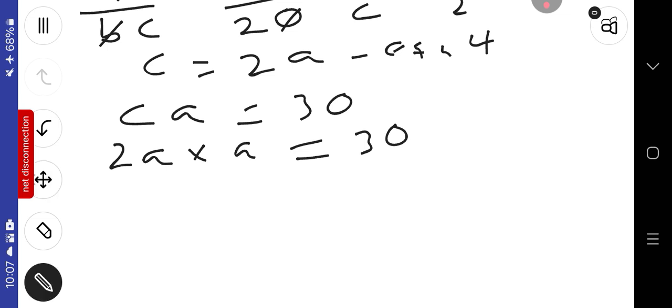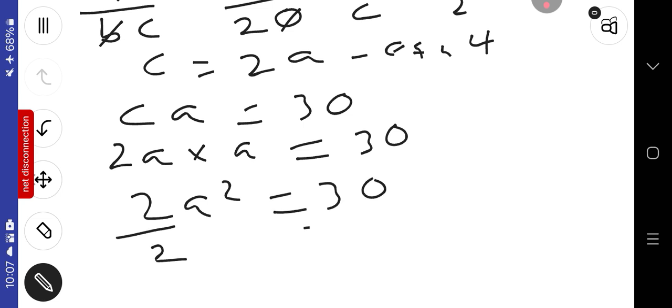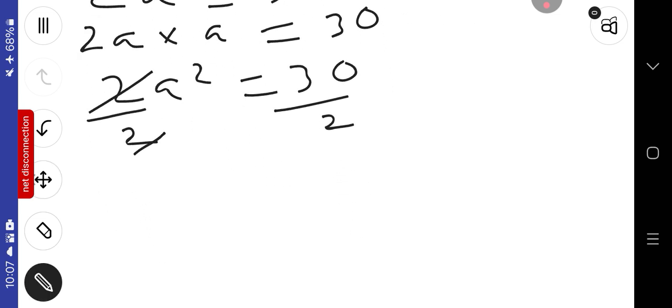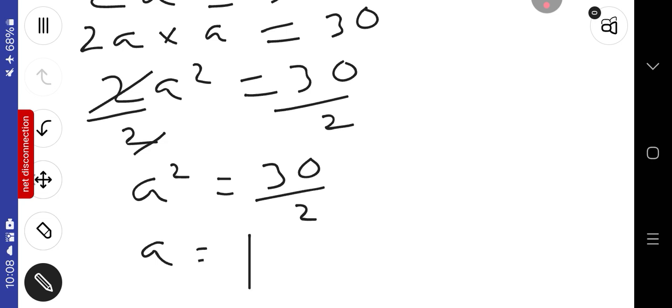So you're going to have 2A squared is equal to 30. Divide here by 2, divide here by 2. So you're going to have A squared is equal to 30 over 2. So here you're going to have A is equal to the square root of 30 over 2.